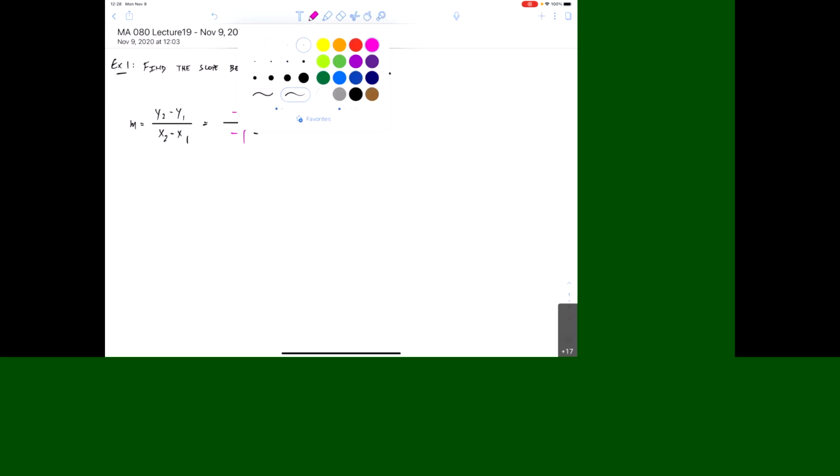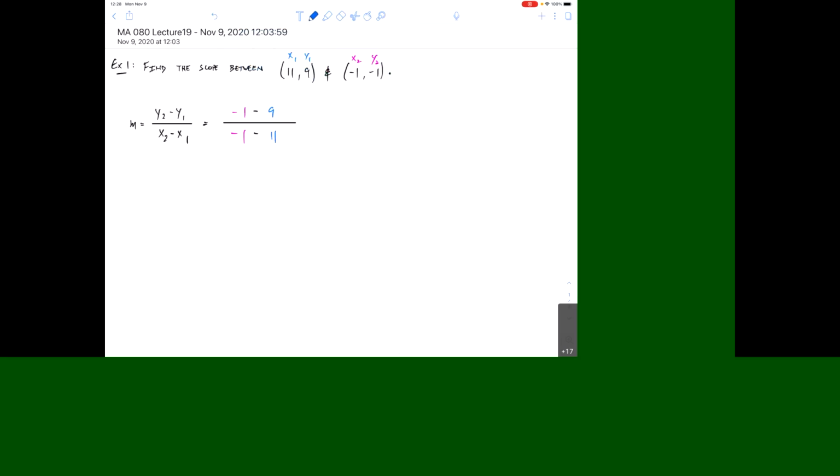and then 11. And I also may have mentioned before that notice how we said this was the first point and this was the second. Why did I do that? Well, no reason in particular except for the fact that I read the numbers 11, 9 first.